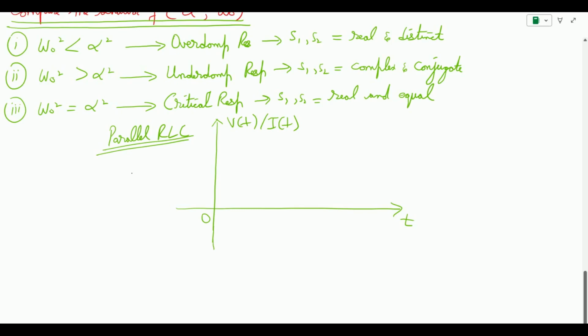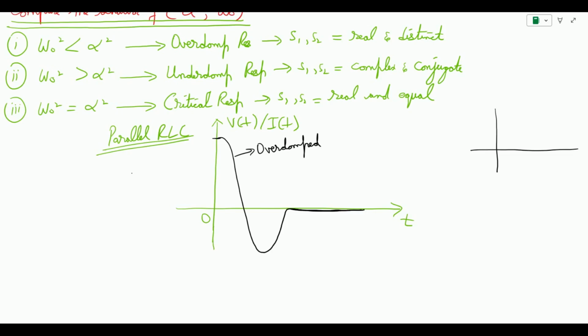For the overdamp circuit, we basically say that voltages and currents are approaching their final value without oscillation. So if this is my maximum value, we say that the voltages and currents have basically reached their steady state or final value without oscillation. This kind of behavior is known as overdamp response, and you can see the oscillation is not happening. When we talk about oscillation, we mean 1 cycle per second.